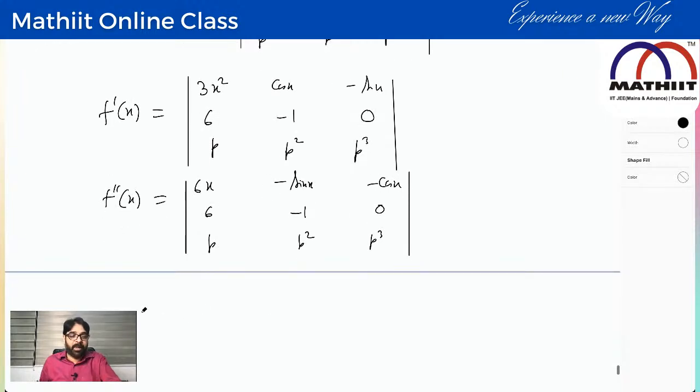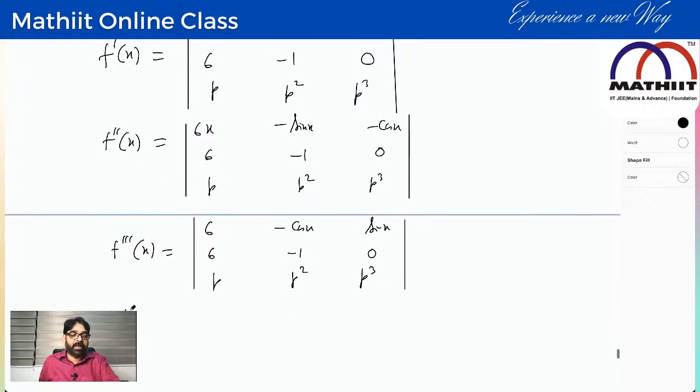But I need f triple dash. So f triple dash x will be equal to the differentiation of the first row, that is 6, minus cos x, and that is sin x, because the differentiation of cos x is minus sin x. And the next rows are 6, minus 1, 0, p square, p cube, and the rest of the determinants will be 0.